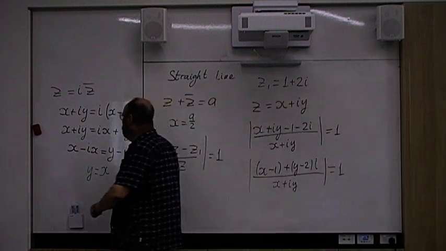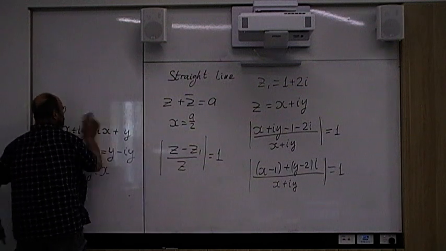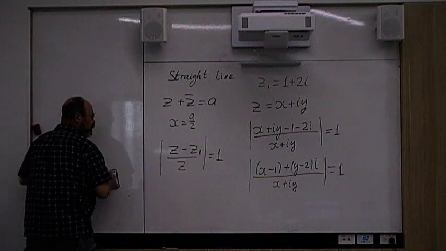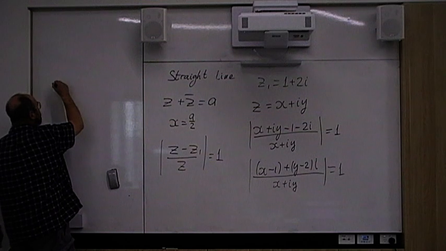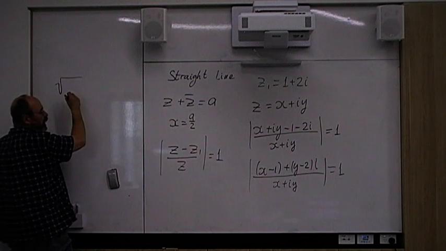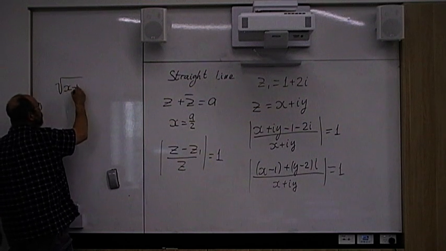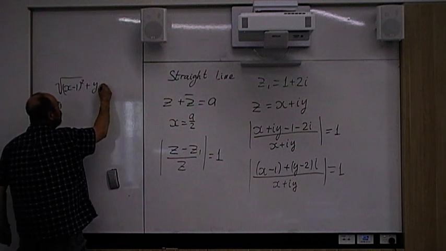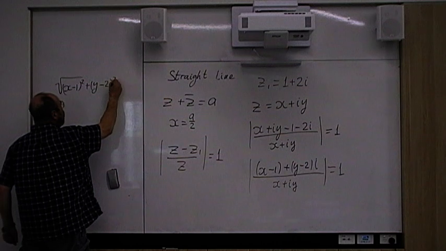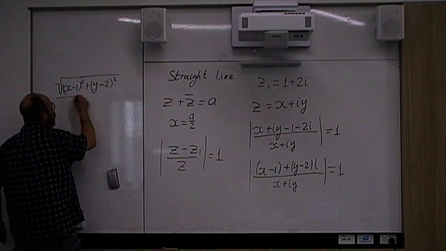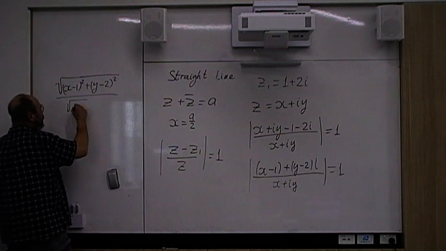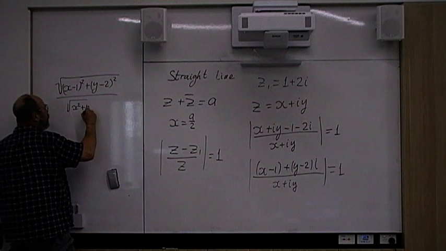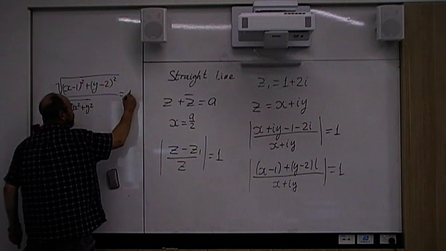Okay, so let's do it. We have square root of x minus 1 squared plus y minus 2 squared, over square root of x squared plus y squared, equals 1.